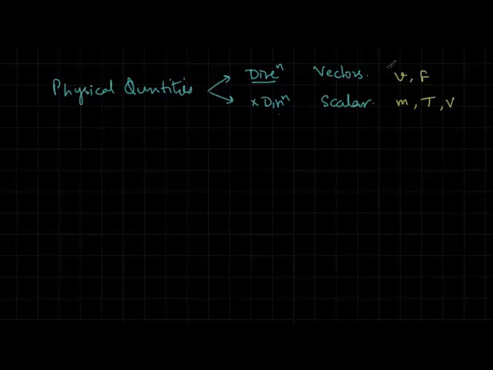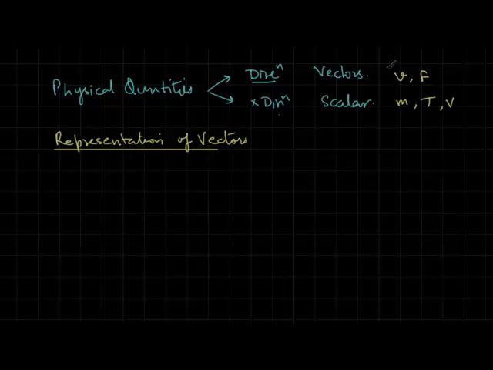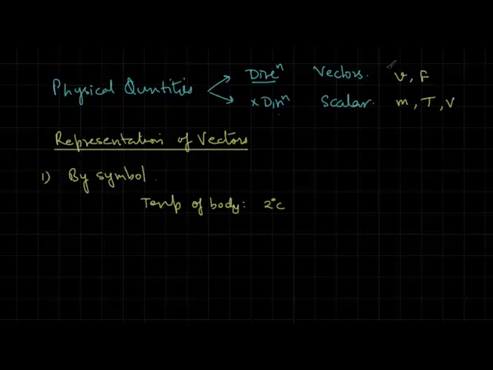Now let's talk about the representation of vectors. There are certain ways vectors can be represented. Let's discuss them one by one. Number one is by symbol. When we say that the temperature of a body is 2 degrees centigrade, let's say it's represented by symbol A. So we say A is equal to 2 degrees centigrade.